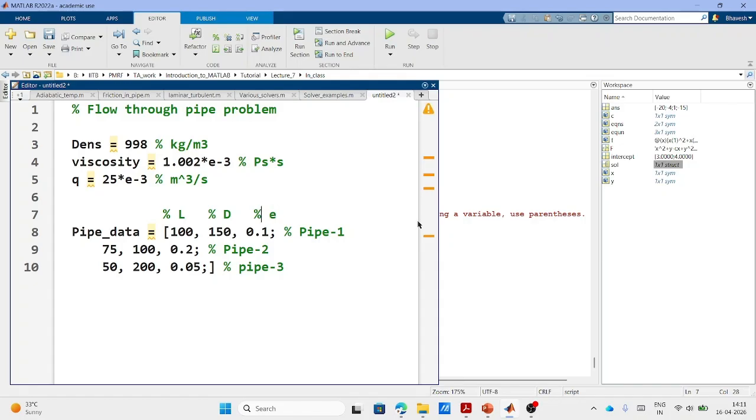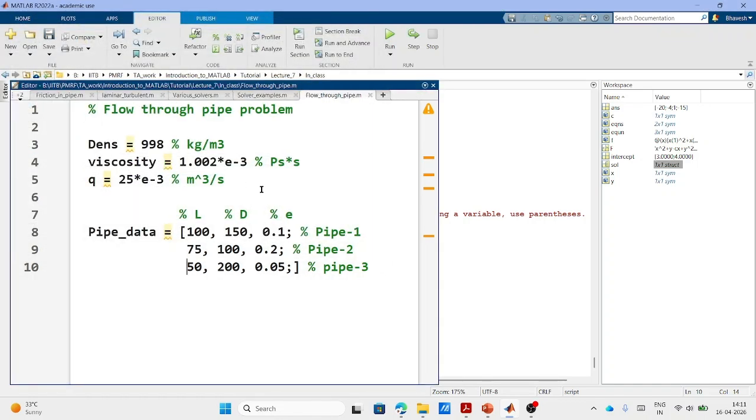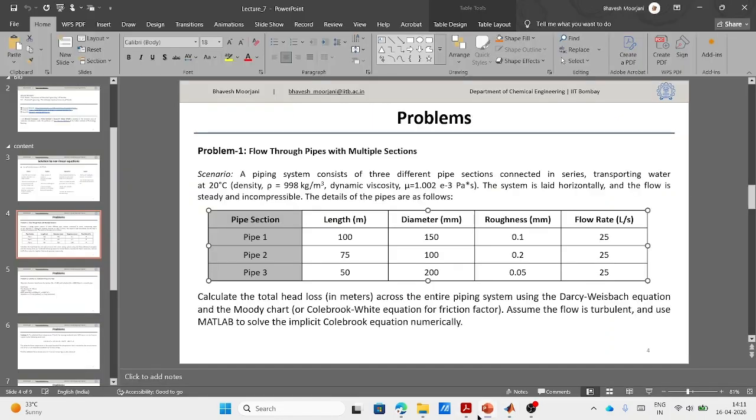So roughness, I'm calling it E. You can just put it nicely in this way. Right? So now it makes sense. This is the pipe data that we have.